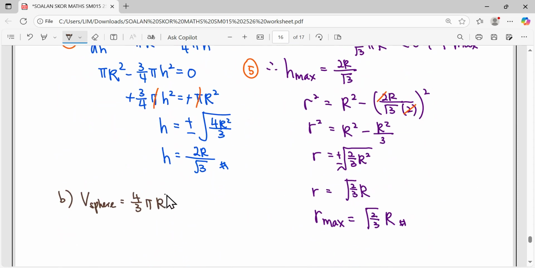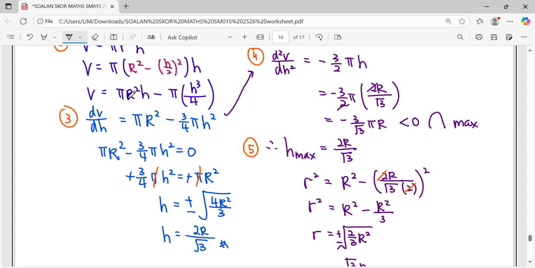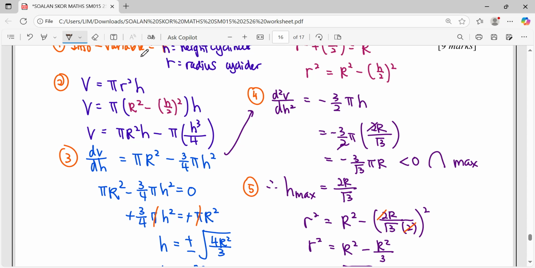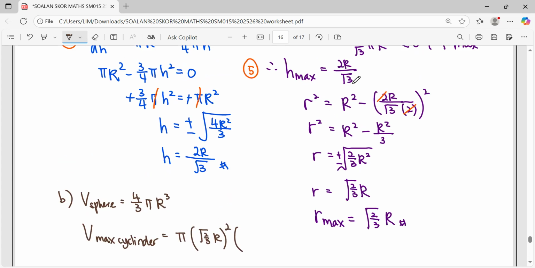Meanwhile, we need to find the volume maximum for the cylinder, pi r square h. So pi, this is the r, pi r square, and then h.